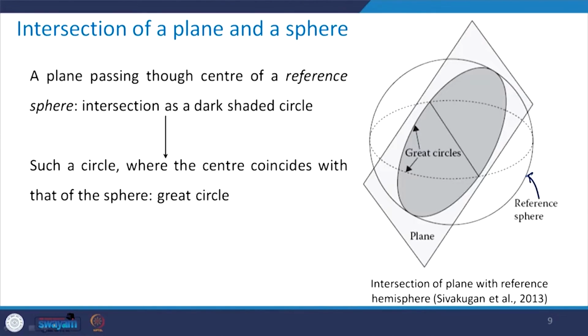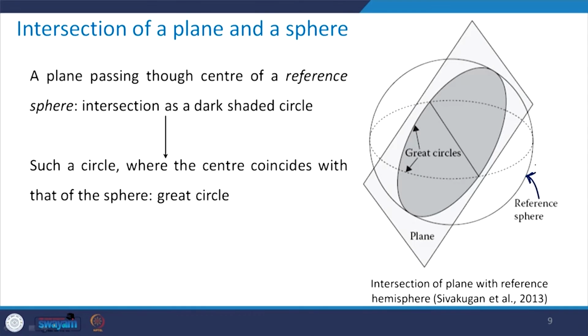Okay. So, now coming to the next part, once we have understood this coordinate system, how to obtain the intersection of a plane and a sphere. Here this figure shows, first of all take note of it, this is the reference sphere.